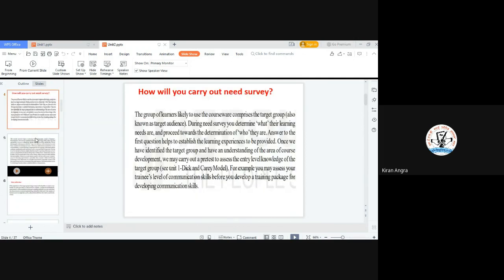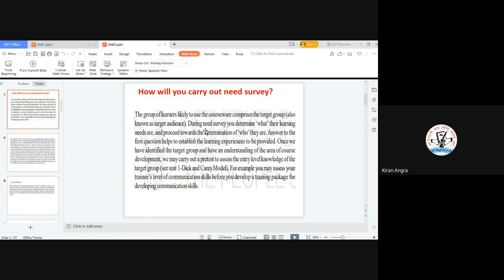However, the need survey is carried out for ascertaining learning needs expressed by the learners. The basic purpose of the need survey is this. While taking the need survey, we take a small group of the target group, and during the survey we try to determine what their learning needs are and who they are.